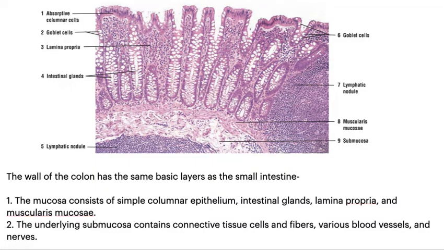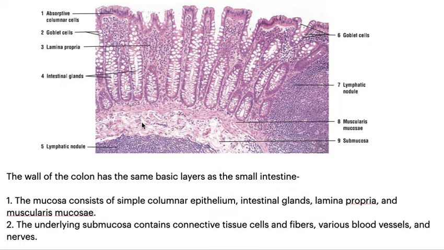So, like any other part of the GIT, the wall of the colon has the same basic layers as the small intestine: the innermost mucosa consisting of simple columnar epithelium, the intestinal glands, the lamina propria over here, and the muscularis mucosae here.